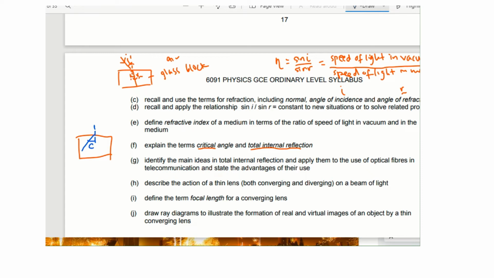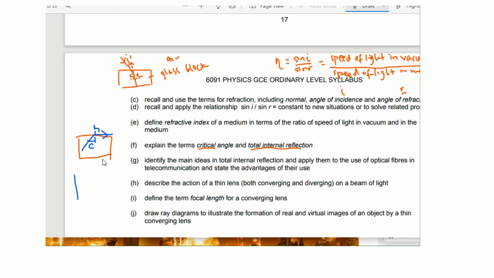So this is critical angle because critical angle occurs when the angle of refraction in the less dense medium is equals to 90 degree. And whenever you have an angle greater than critical angle in the optically denser medium, then total internal reflection takes place.